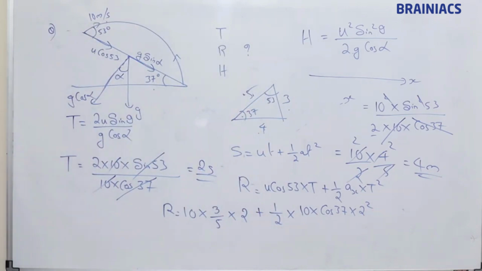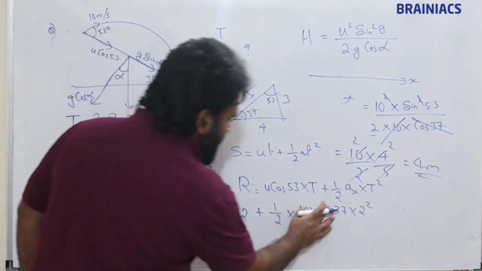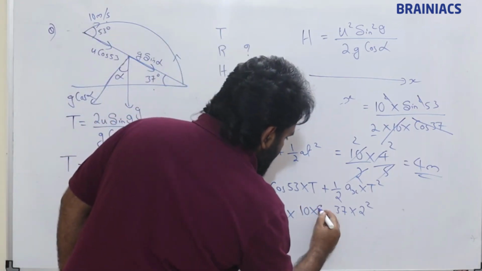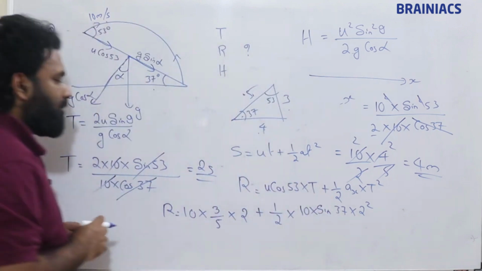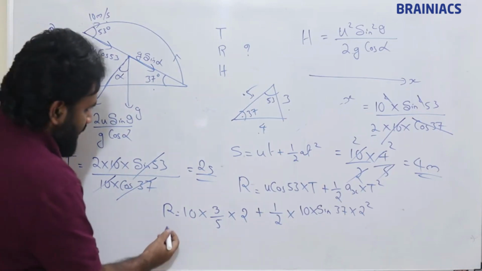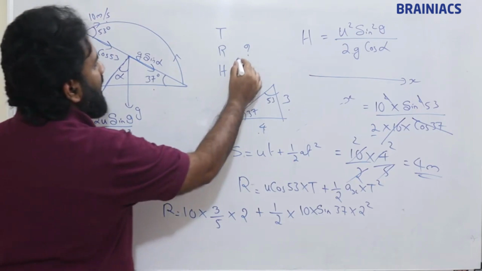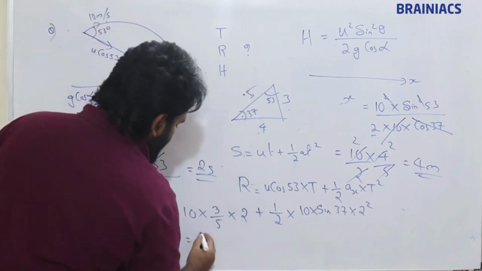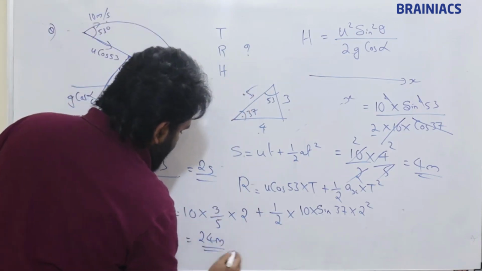So simplify this and we will get the answer. This is not cos, this is sin. Substitution is correct, right? 10 into cos 53 into 2. Okay, so everything is fine. So the range we will get as 24 meters.